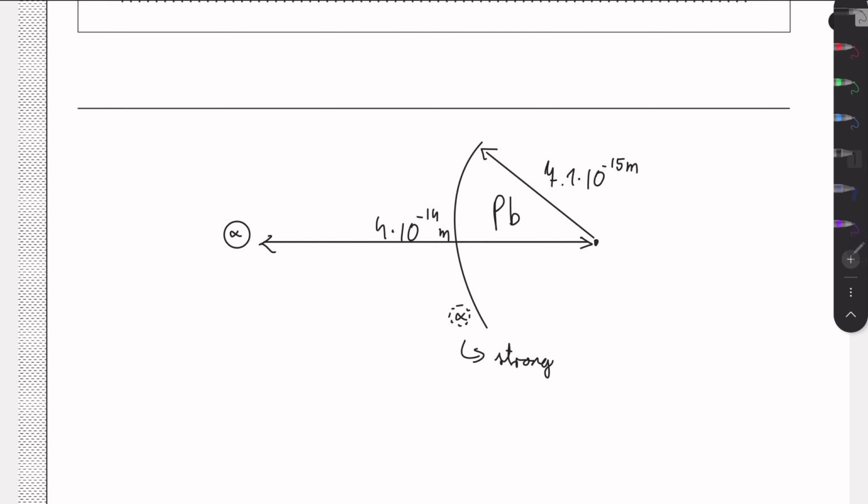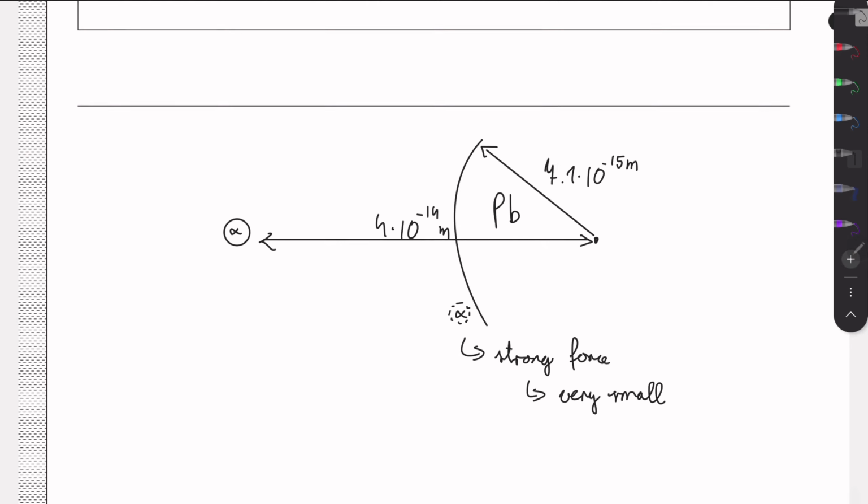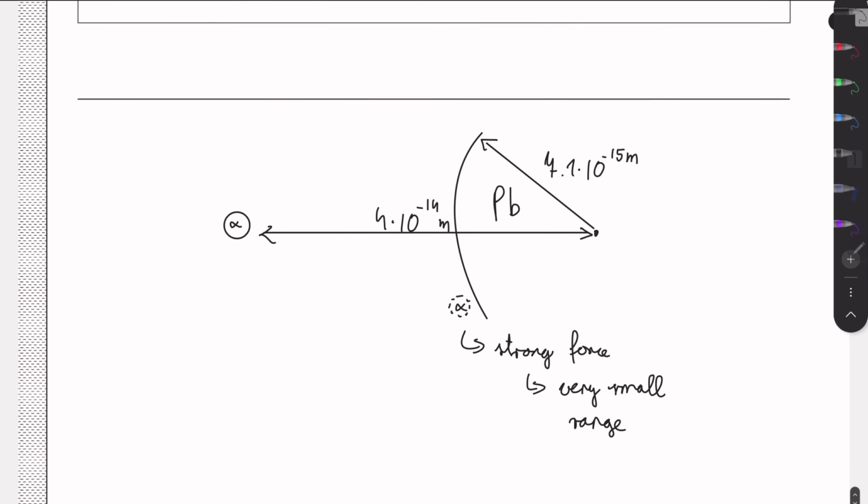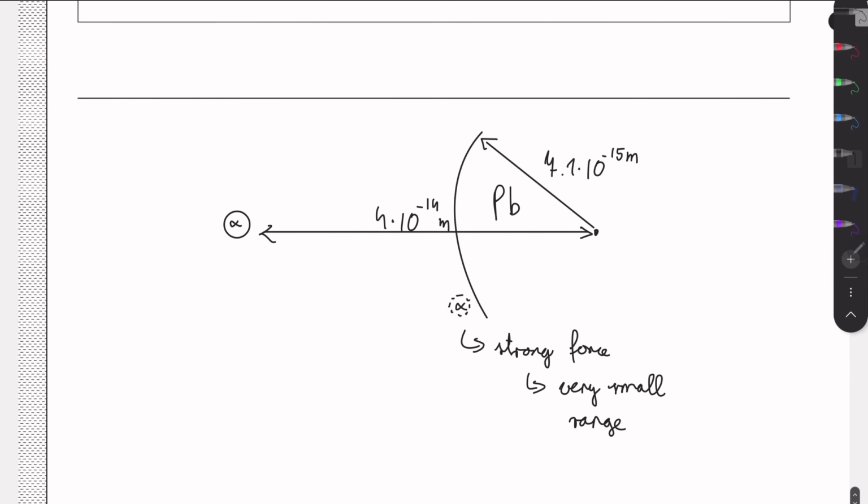The strong force is just a force within the nucleus that binds the protons and the neutrons together. It's technically what keeps the nucleus together, but this strong force has a very small range. So it's really only the size of the nucleus, it's very, very small. So if an alpha particle is this far away, it simply is not going to have the range to go from the nucleus all the way to here.